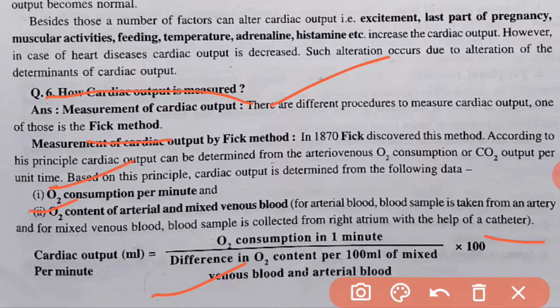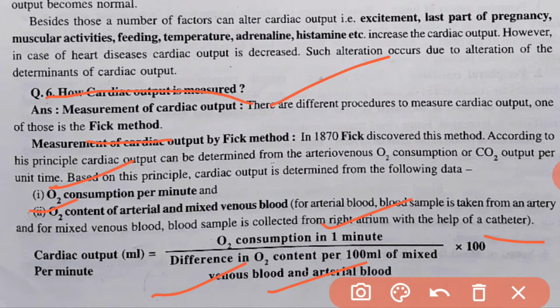By this formula we calculate cardiac output in ml per minute: oxygen consumption in 1 minute divided by the difference in oxygen content per 100 ml of mixed venous and arterial blood, into 100.